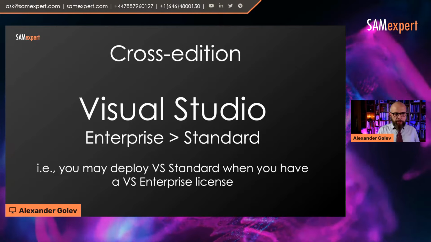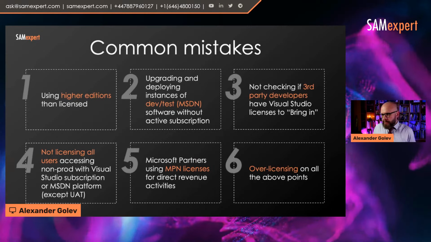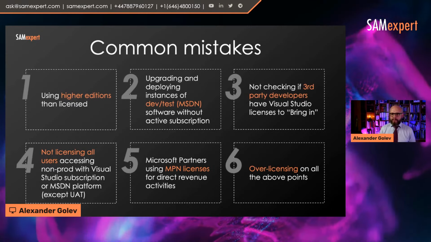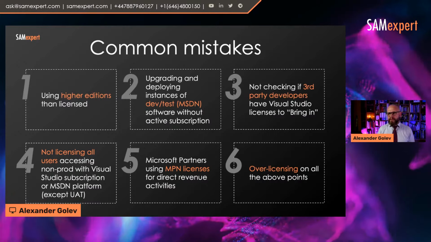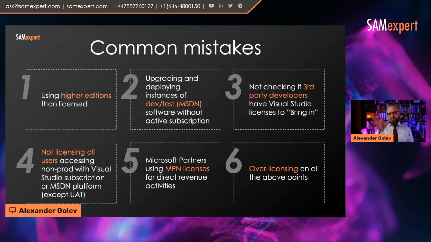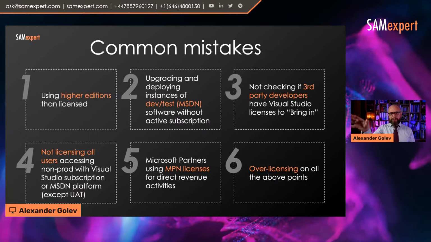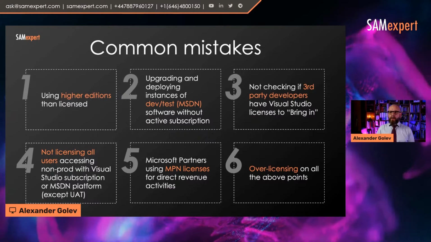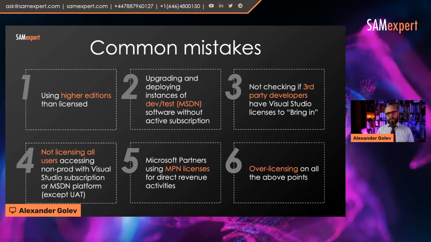So, which is actually typical mistake number one. I have a slide with typical mistakes here. Common mistakes with MSDN licensing. There are more, like 12, but I reduced them to 6 to highlight the ones we've already talked about on a single slide. Firstly, using a higher edition than licensed. Commonplace.